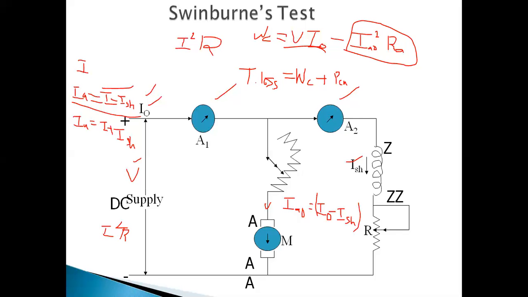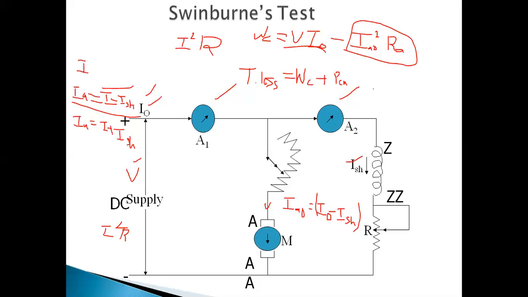Then after knowing the total losses, the efficiency of the motor, as per the definition, is output power divided by input power. For a motor, we know only the input parameters. To get the output, output is equal to input minus losses.